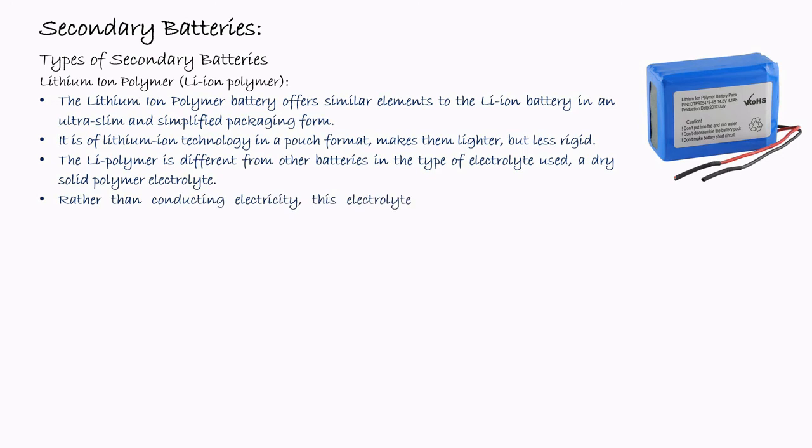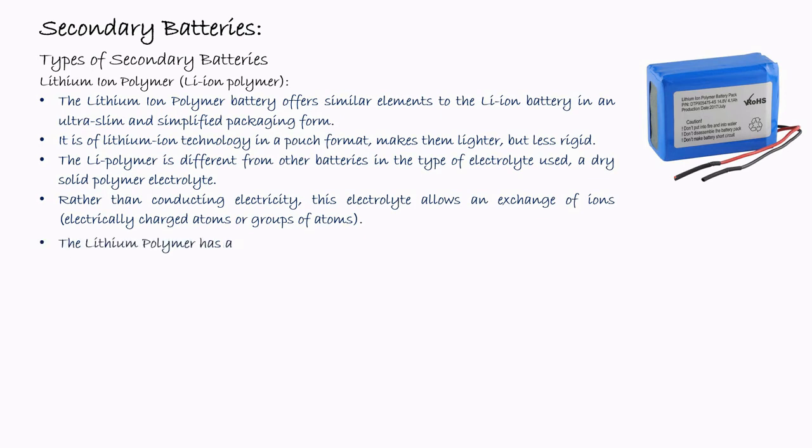Rather than conducting electricity, this electrolyte allows an exchange of ions, electrically charged atoms or groups of atoms. This is the way this battery produces electricity.